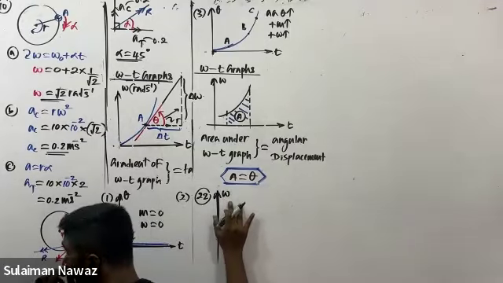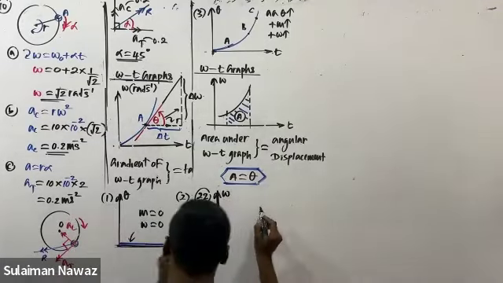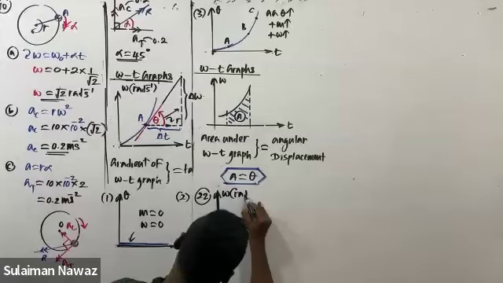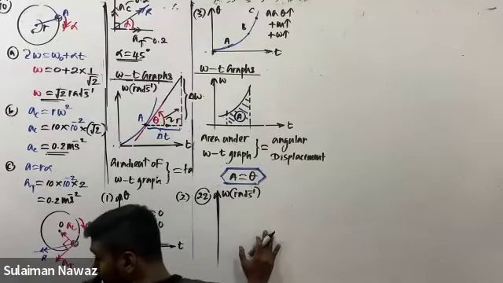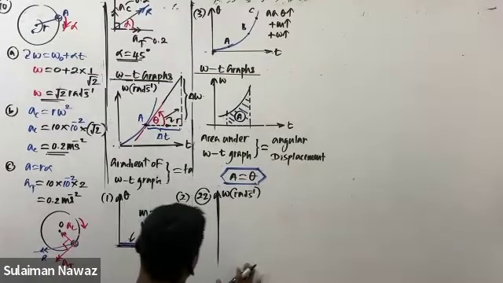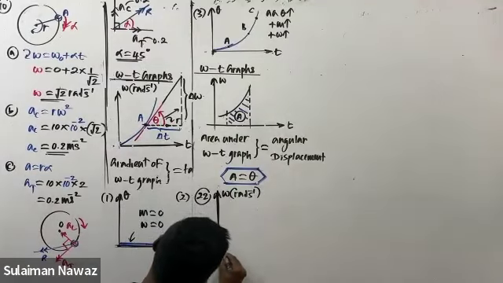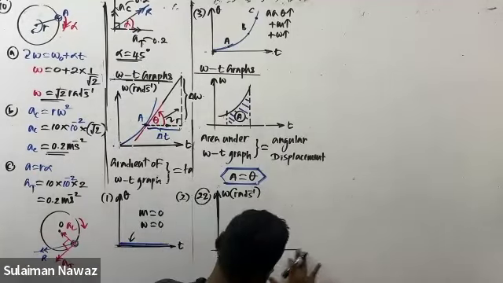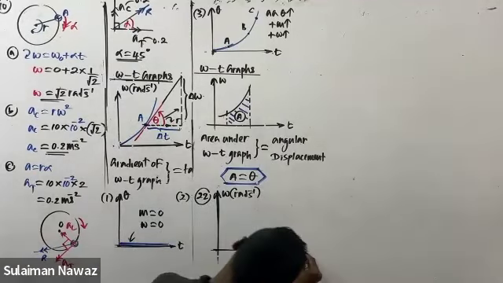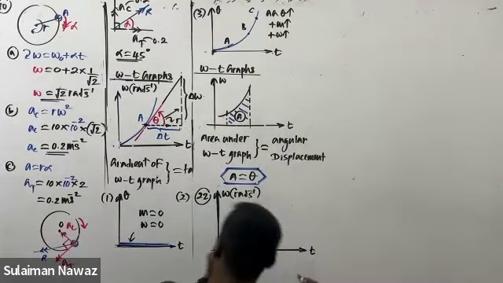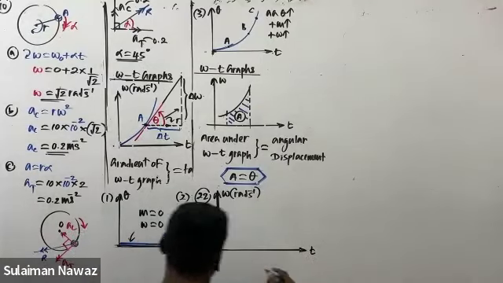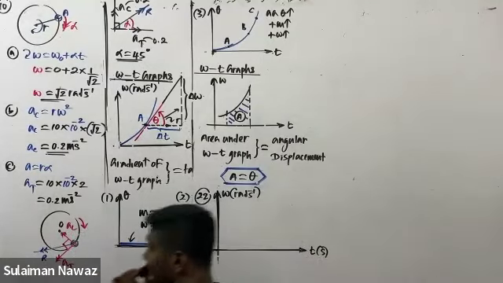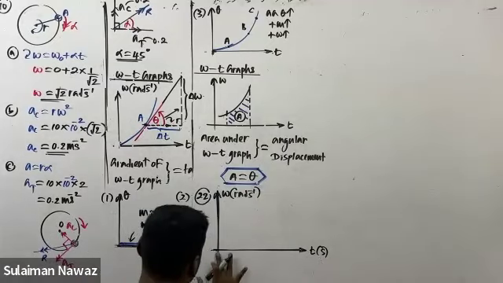Y-axis omega, rad per second. Your x-axis what? Time, measured in seconds. So the graph would be something like this.